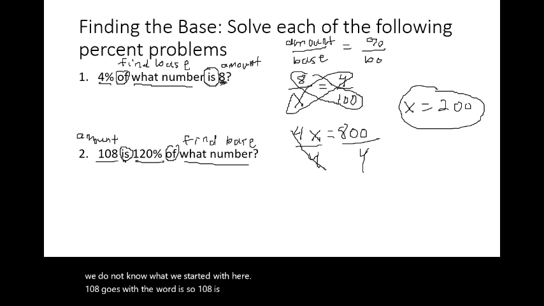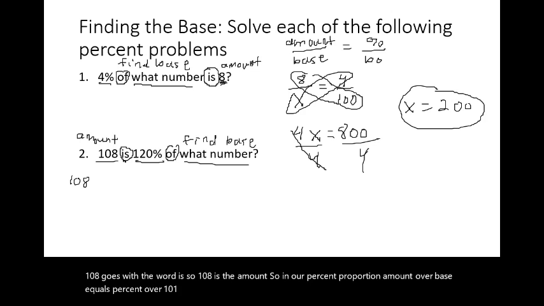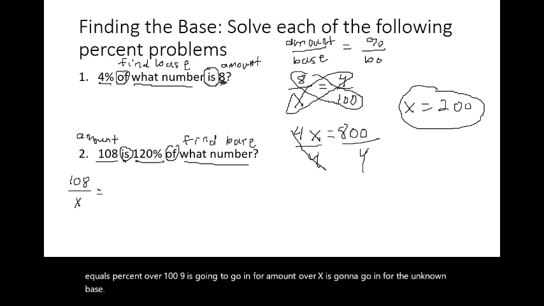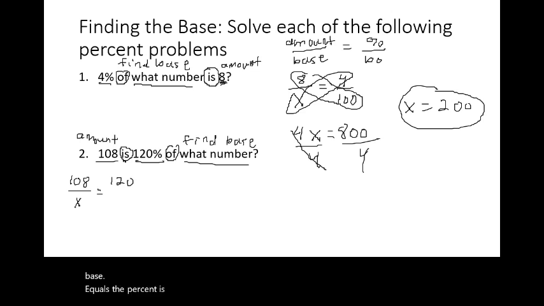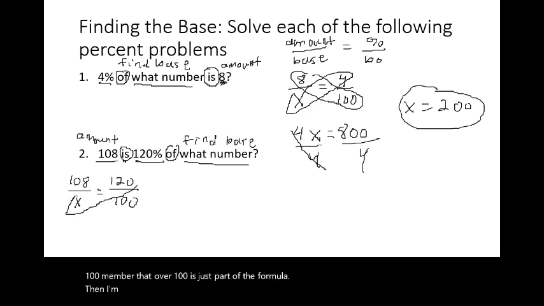So in our percent proportion, amount over base equals percent over 100. 108 is going to go in for amount, X is going to go in for the unknown base, equals the percent is 120 out of your 100. Remember, that over 100 is just part of the formula. Then I'm going to cross multiply and begin to solve.